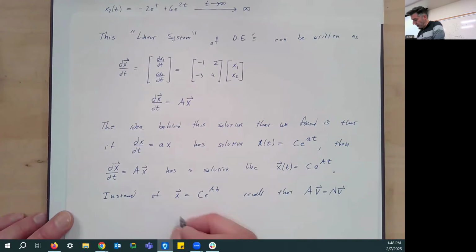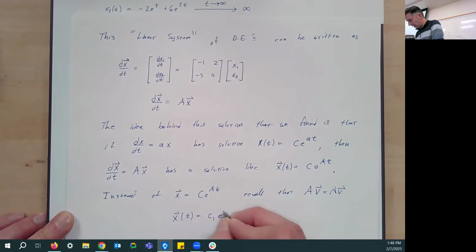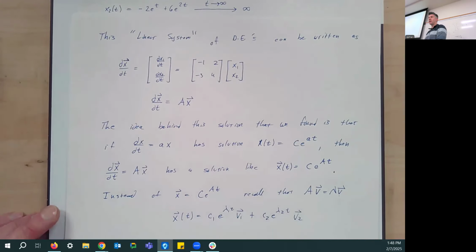We can essentially say that x of t equals what we already know: c1 e to the lambda 1 t times v1 plus c2 e to the lambda 2 t times v2. It's similar, right? We're using the lambdas instead of the a's, and then we throw in the eigenvectors to make sure we actually get vectors back. But the idea of what's happening here is very much the same.